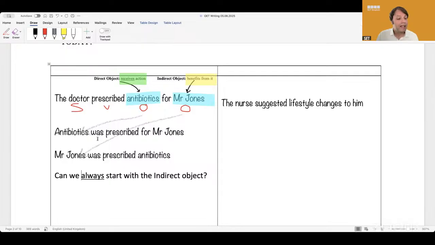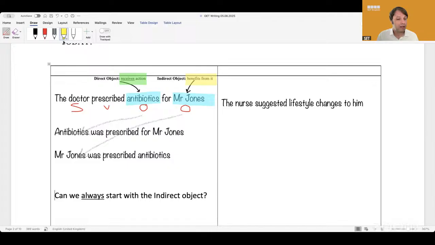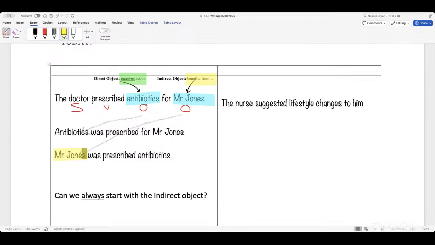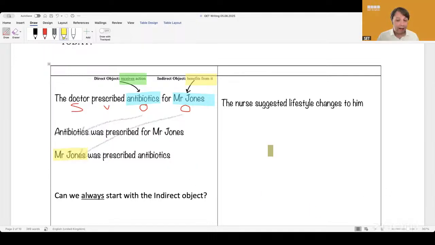Which sentence is the indirect object? Now, here's my question. Can we always do this? No. According to OET, yes. No way.